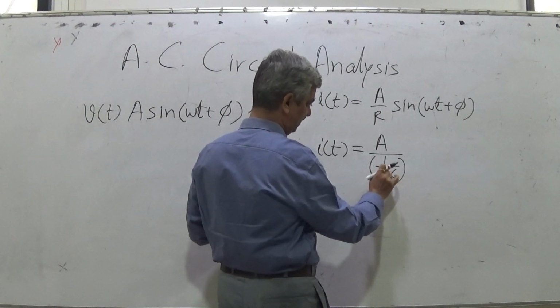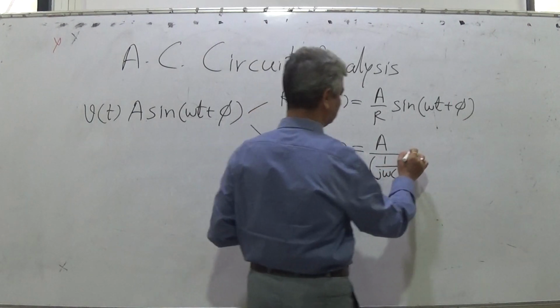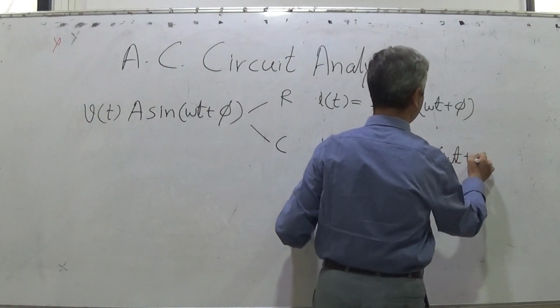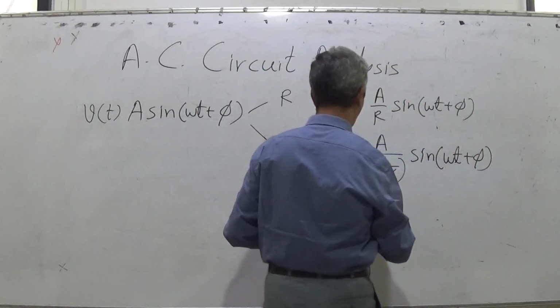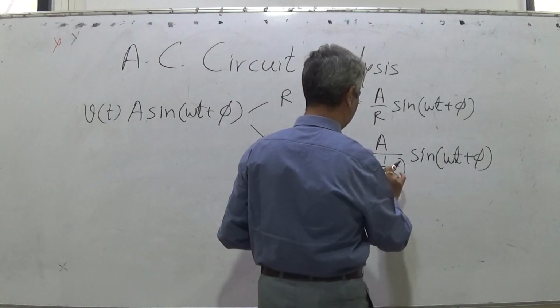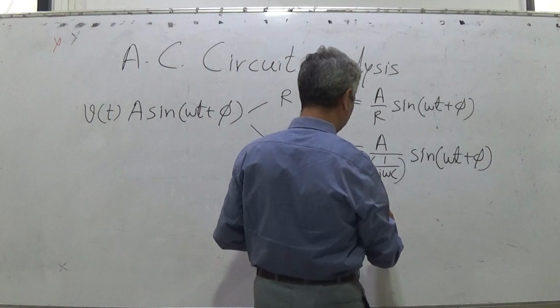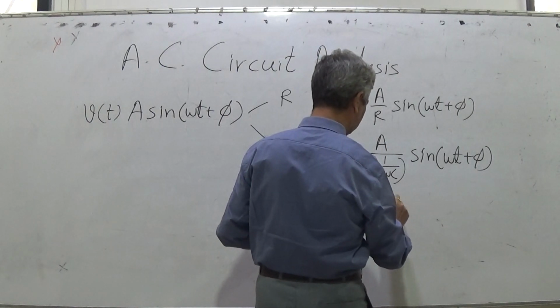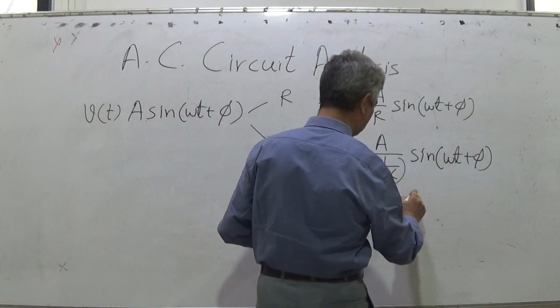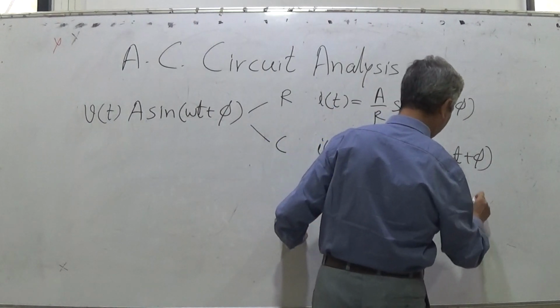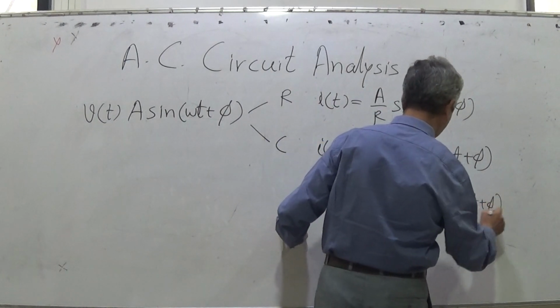So if this is A upon j omega C sine of omega t plus phi, or when I take this in the numerator, it is A omega C j sine of omega t plus phi.